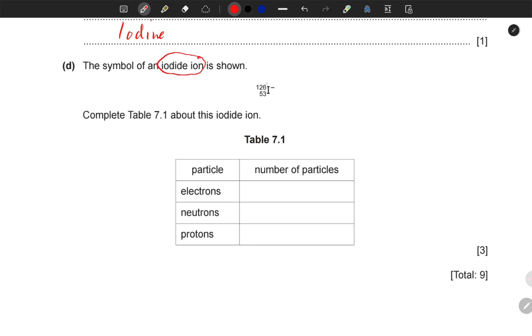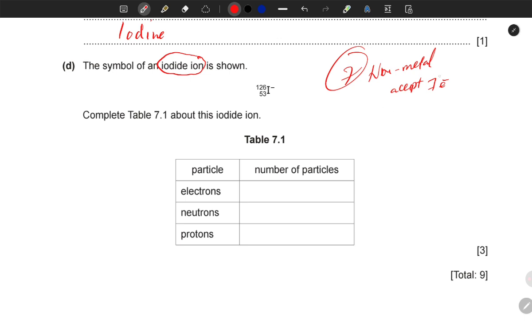Now this one is an ion, it is charged. Complete the table below about this iodine ion. Iodine is found in group 7. It means iodine is a nonmetal which can only accept one electron, because in group 7 it can only accept one electron.